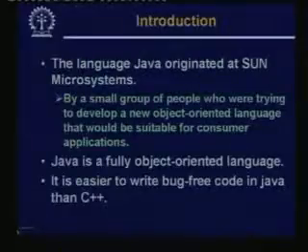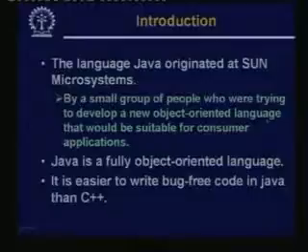The language Java, to talk about the history, first originated at Sun Microsystems by a small group of people who were carrying out brainstorming sessions trying to develop a new object oriented language that, primarily, should be suitable for consumer applications.